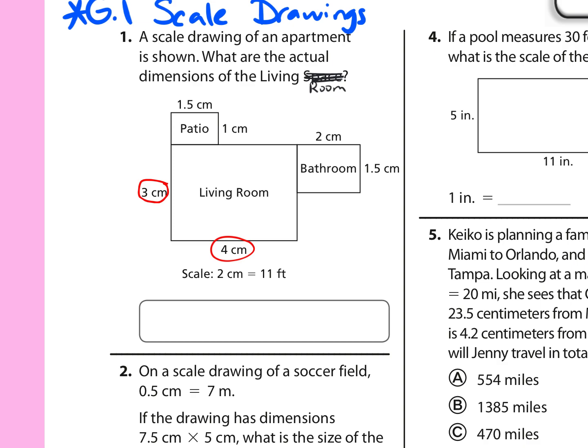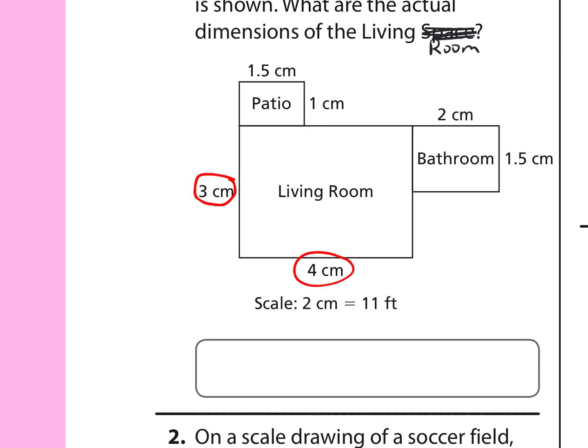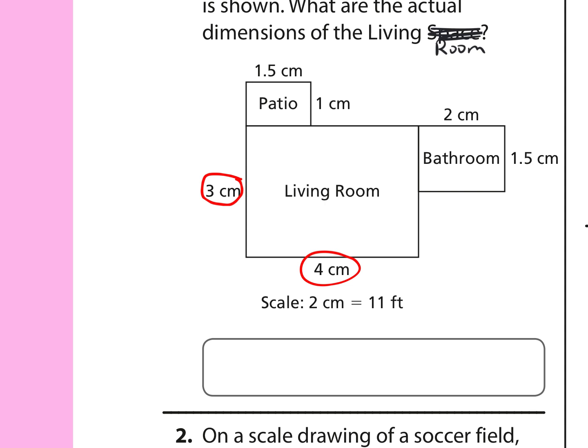So I can go over here, let's see, I'm going to zoom in a little and go over here to the left side and say, for this first one, 3 centimeters, if I know my scale is 2 centimeters is 11 feet, well then I can set up a proportion where 3 centimeters is x feet, and I want to know that dimension. So I'm just going to solve this proportion.